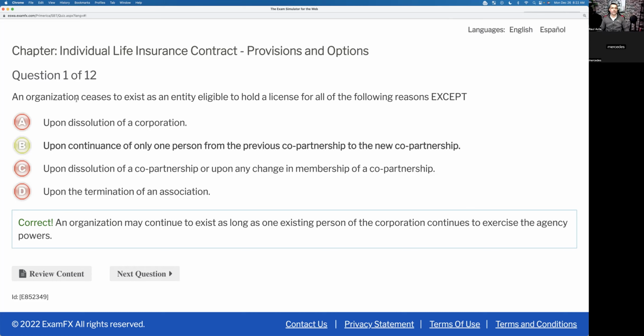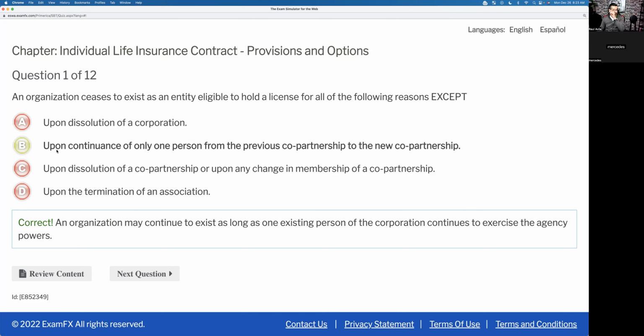Okay, an organization ceases to exist as an entity eligible to hold a license for all of the following reasons except: upon dissolution of the corporation, upon continuance.